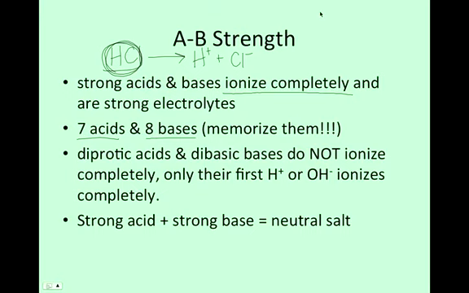Your 7 strong acids are all of the halogen acids except for hydrofluoric acid. That one is a weak acid. But hydrochloric, hydrobromic, and hydroiodic are all strong.